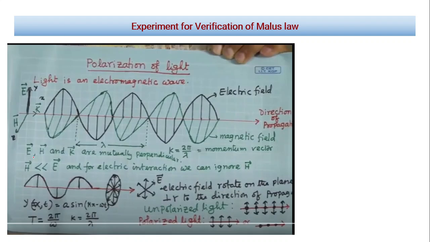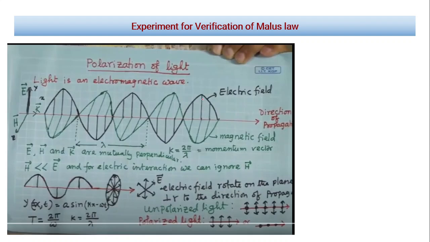So the electric field vector, the magnetic field vector, and the wave vector, that is the direction of light itself, are all mutually perpendicular. The magnitude of the electric and magnetic fields keeps varying. At one point it's maximum, at another it's minimum, and then it changes its phase, goes in another direction, then comes back, and this gives us the wavelength of the light. So this picture is clear.